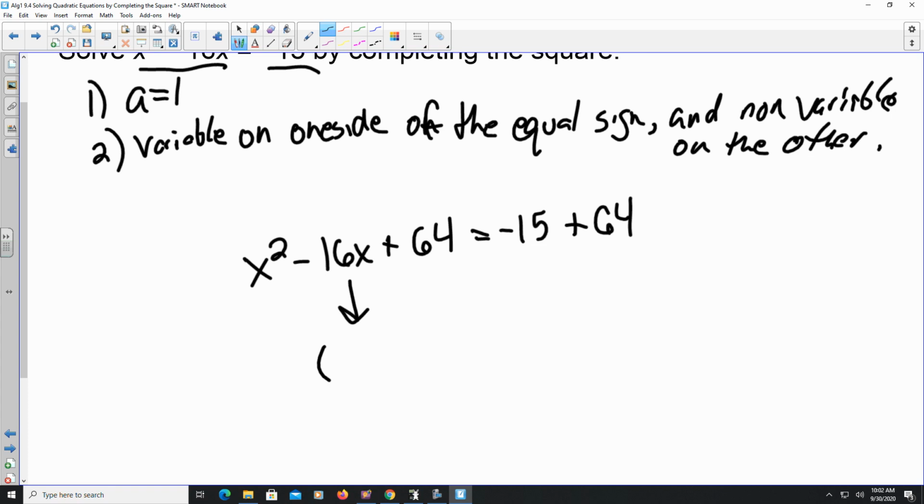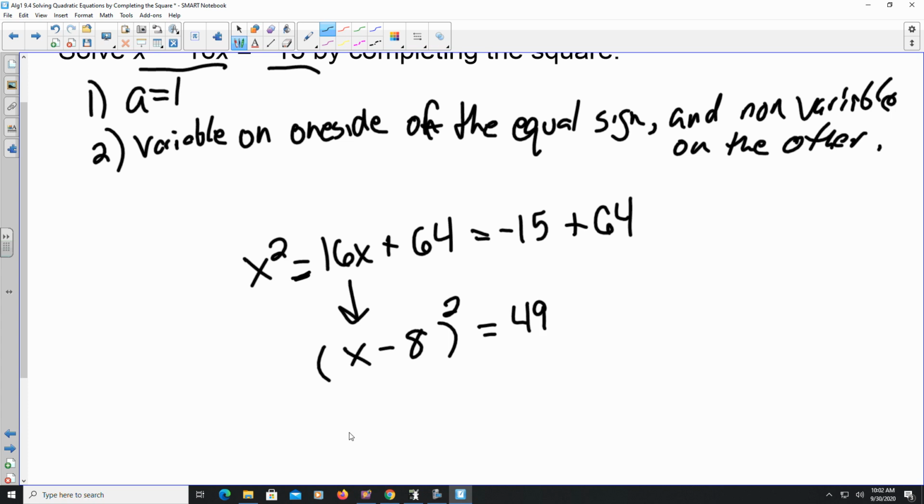So this turns into x, well, it's going to be x plus, but it's a negative value, so that's why I have the minus. I know it's minus because of that sign right there. x minus 16 over 2, which is 8, quantity squared is going to be equal to negative 15 plus 64, which is 49.